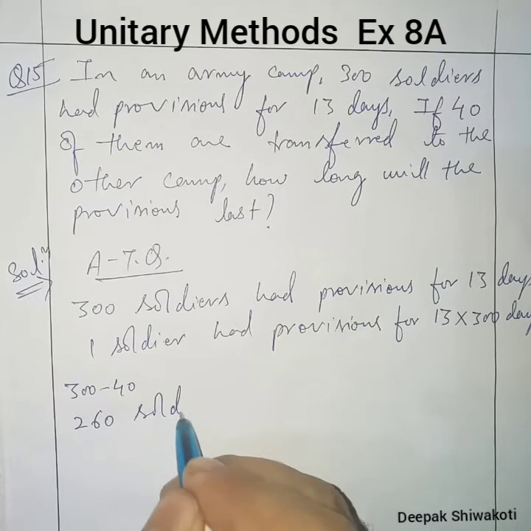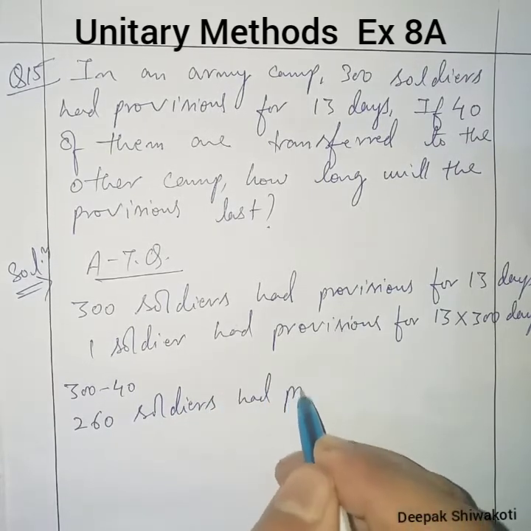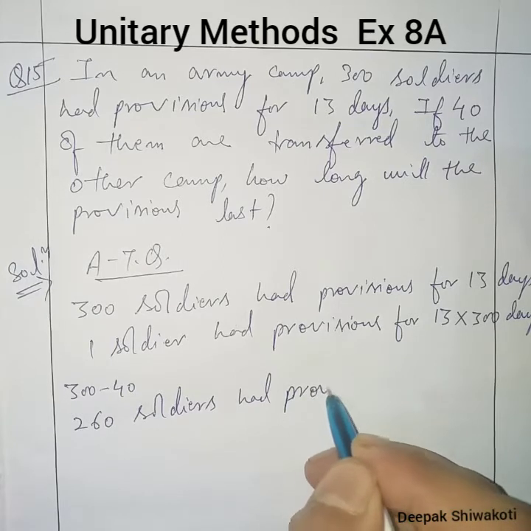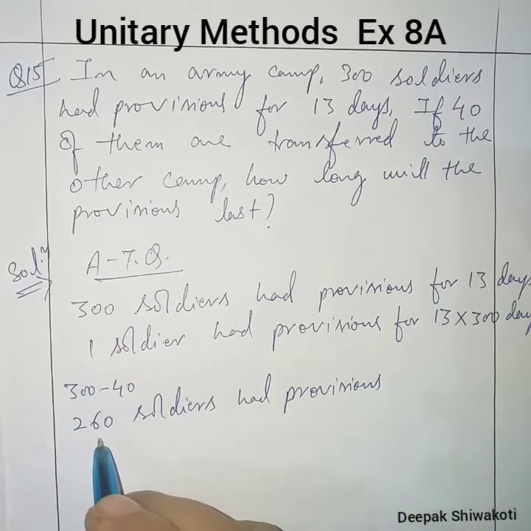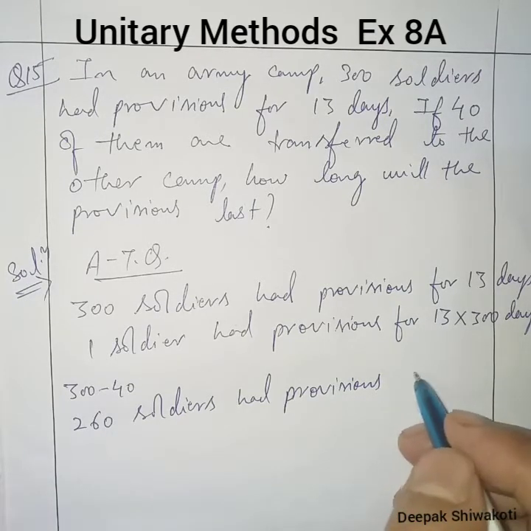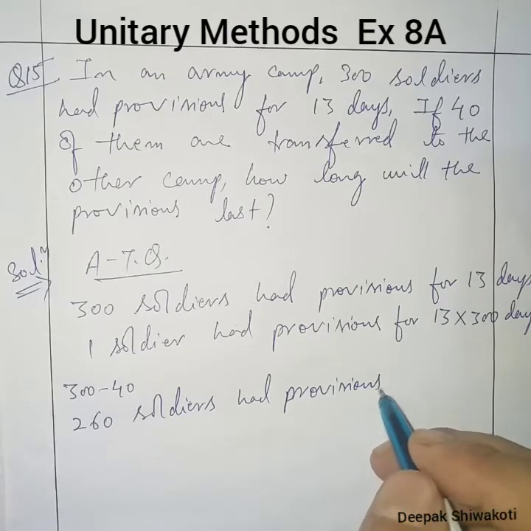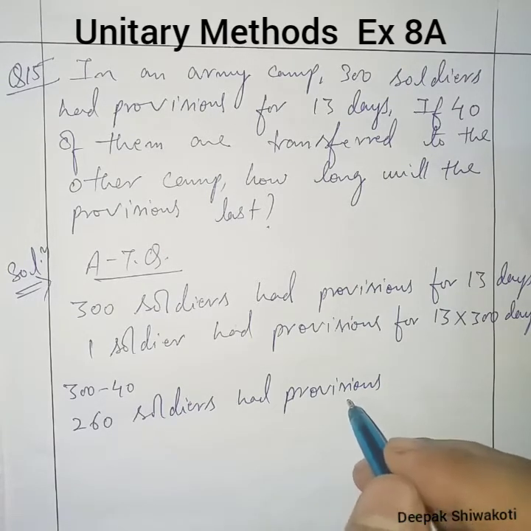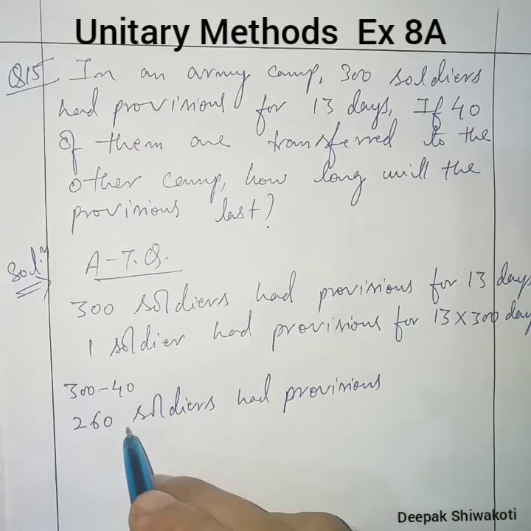260 soldiers had provisions. Now the soldiers are increasing from 1, it is becoming 260. So as soldiers are increasing, the provision will last for less days, that is fooding and lodging. Fooding will not last, isn't it, for many days as the number of soldiers is increasing.